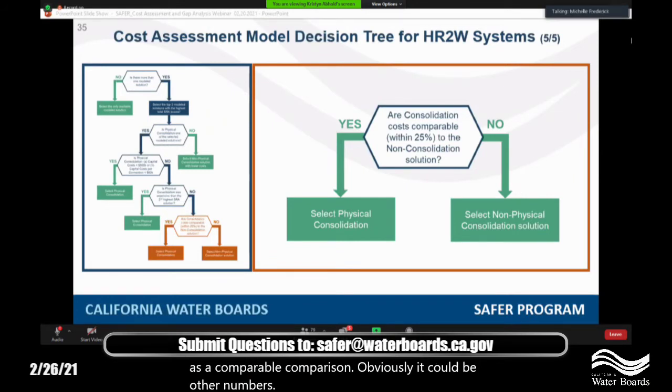Part of what we see is, as the O&M approaches 30 years, we often see consolidations outpacing the costs of the O&M for treatment. So we wanted to incorporate that somehow. Perhaps in later iterations, we can look at other numbers too, but this was just a first estimate to make sure that we were incorporating that somehow.